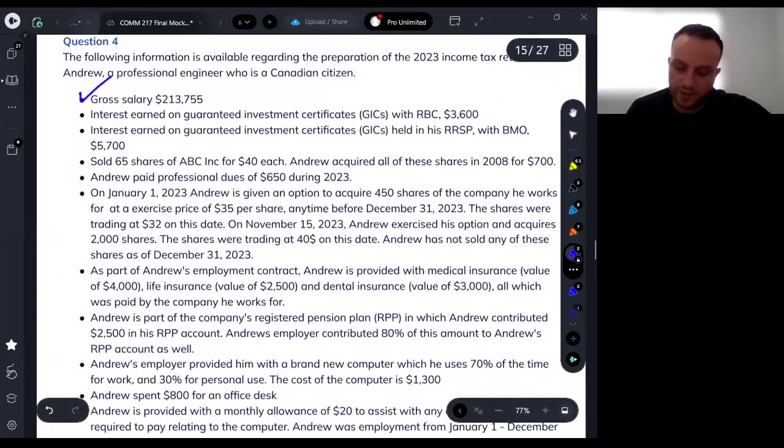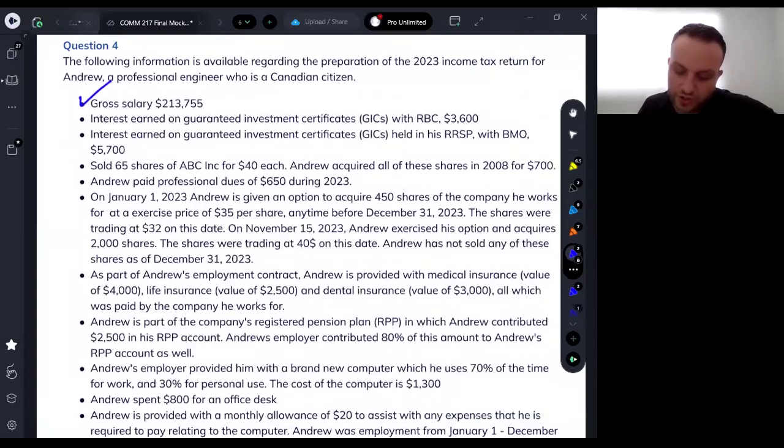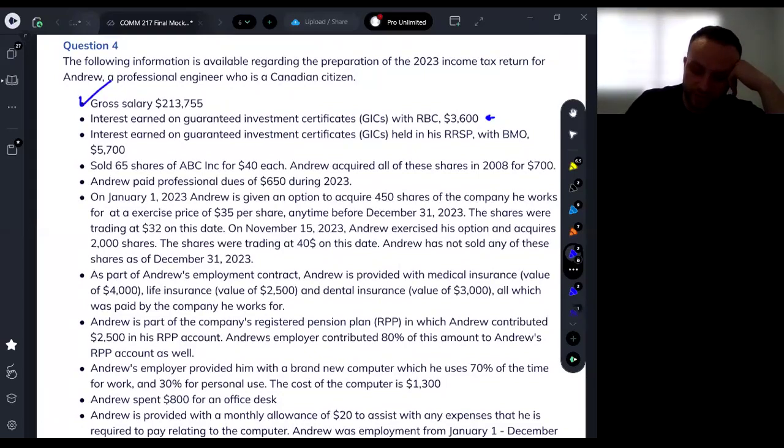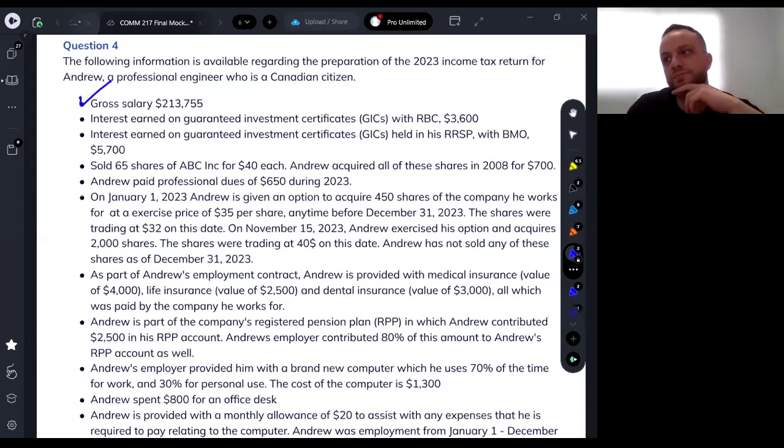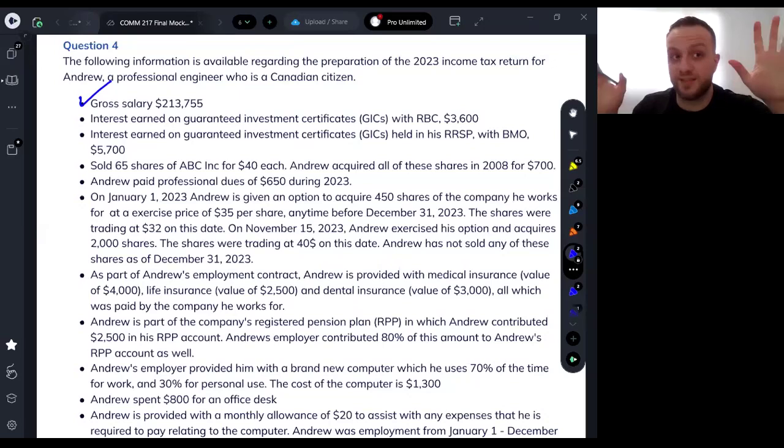B, interest earned on GICs with RBC of 3,600. Is he taxed on this? What do we do with this one here? What do you guys think? Braden? I think he's taxed 50% because it's capital gains. If it would have been capital gains, 50%, but this is interest, it's different. Capital gain is when you buy something and sell it.